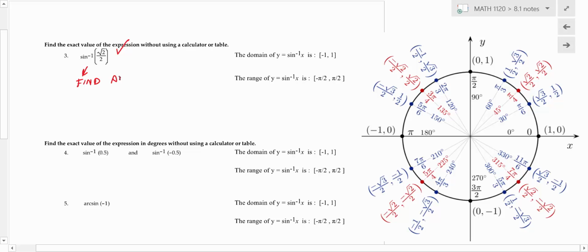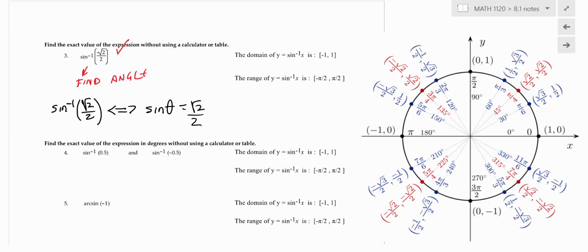This is actually finding the value of an angle. One of the things you want to learn how to write out, and you need to write this down, is that what this means is the sine of an angle theta is square root of 2 over 2. When you're working with those things, you need to understand they mean the same thing.